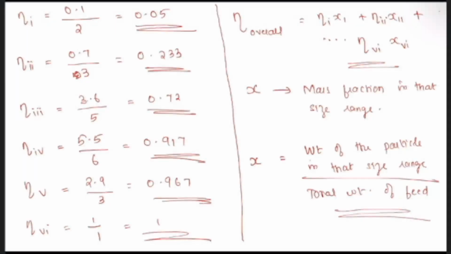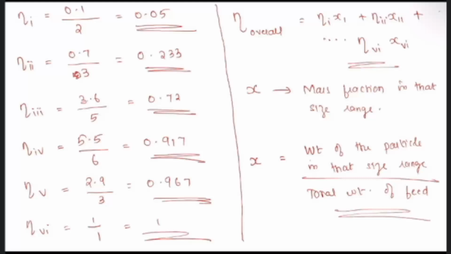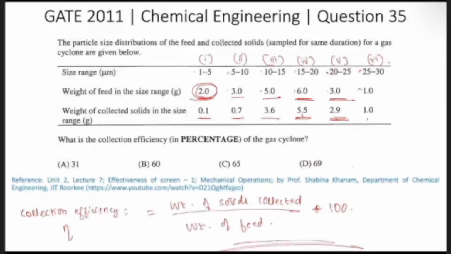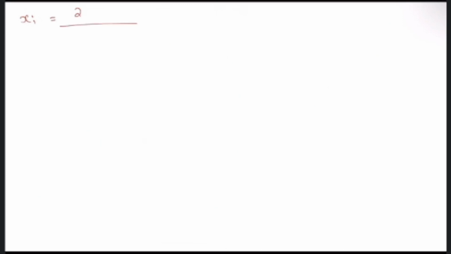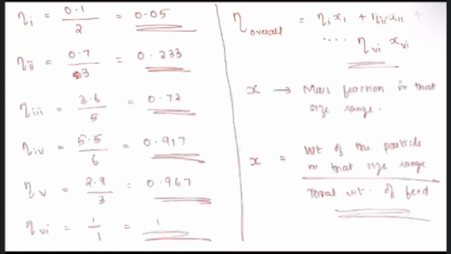For example, in size range 1, x1 will be the weight of the feed in that size range, which is 2, divided by the total weight of the feed.